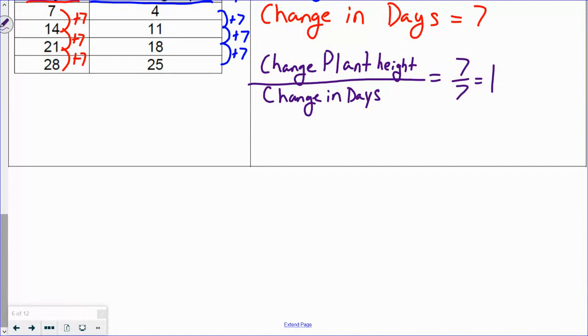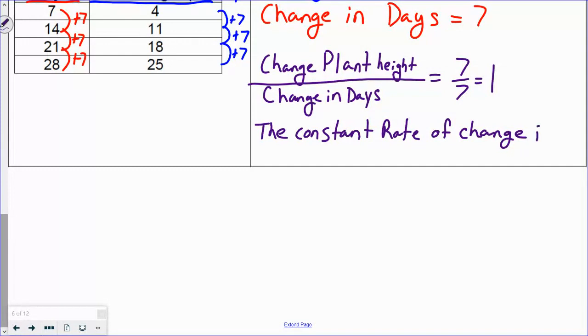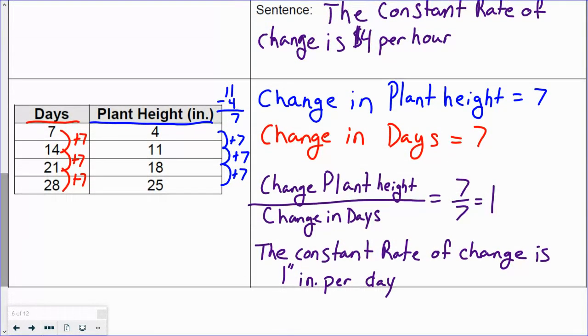Our sentence is the constant rate of change is 1 inch per day. So that's how far, or you can put your little 2 marks for 1 inch. Okay, so if you need to, pause that, make sure you have all the information.